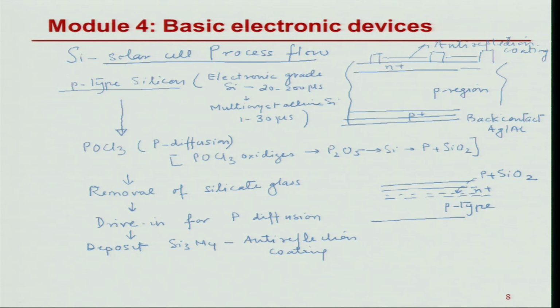After the anti-reflection coating is deposited, which is to reduce the reflection loss, which we did not consider earlier, but there is going to be some reflection loss also as light comes in. And then we do metal deposition for top contacts.